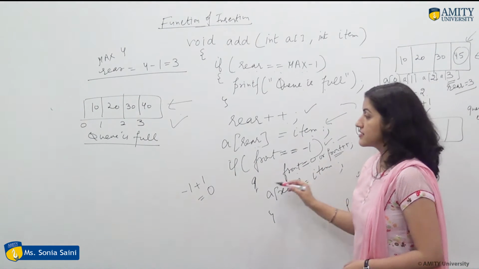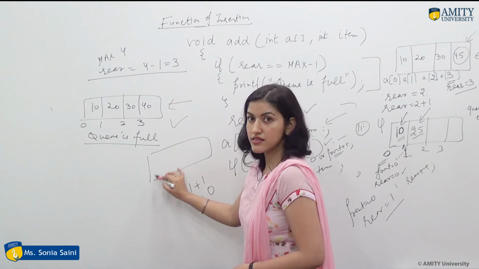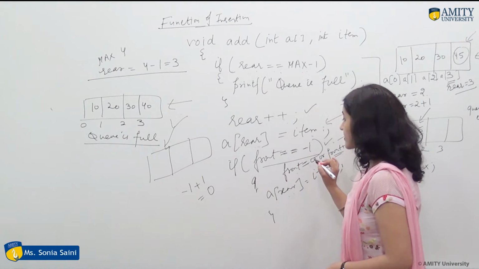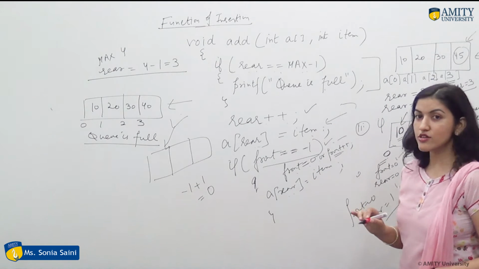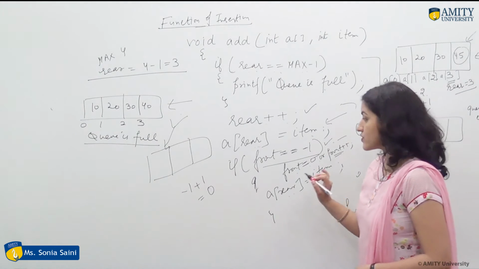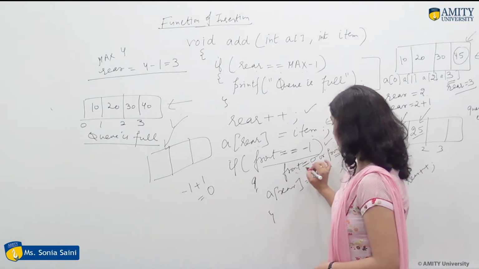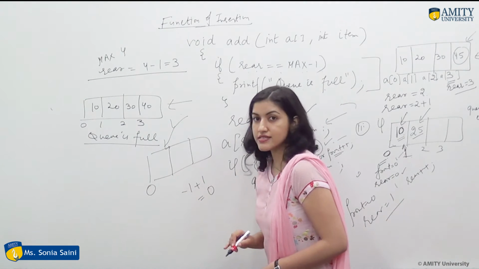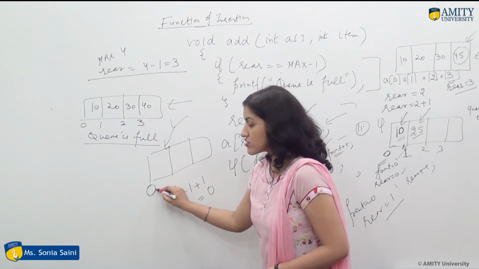And third case, if the queue is empty, there is no element. How to check whether the queue is empty or not? If front is equal to minus 1, this means the queue is empty. Set front is equal to 0 or front plus plus. Front is 0, we have set. Rear is also 0.